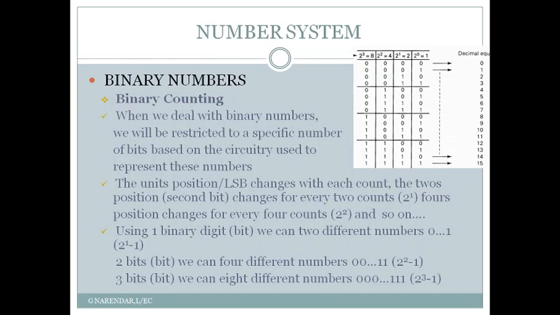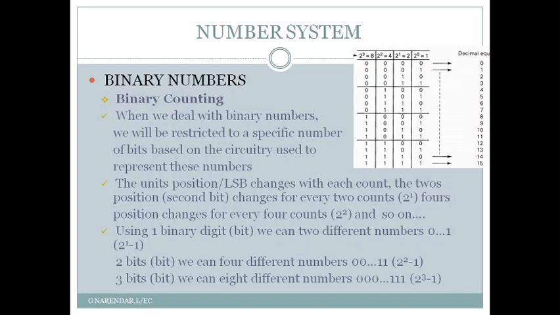So far we have done counting all the time by using decimal numbers 0, 1, 2, 3, 4, 5, 6, 7, 8, 9, and so on up to some thousands and lakhs and crores.